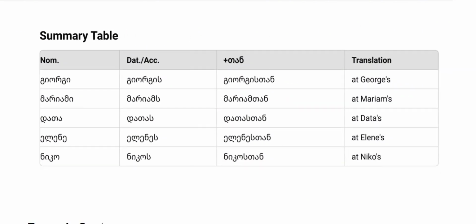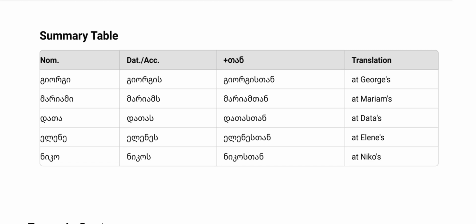It means at Georgi's place. But if you add Georgistan ერთად, it means together with Georgi. In case of Mariami, which is originally just Mariam as a name, in dative case we have Mariams. And then if we want to say at Mariam's place, we say Mariamtan.